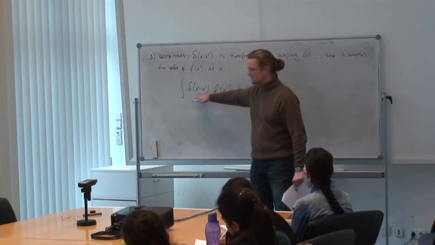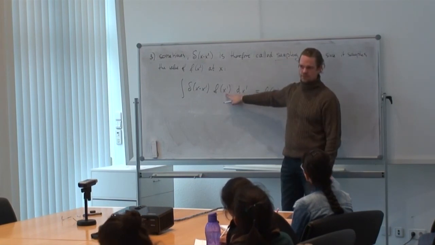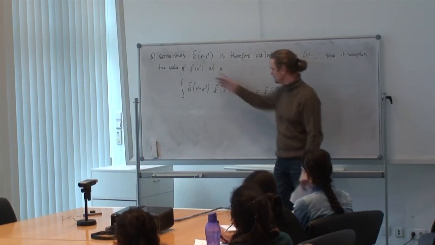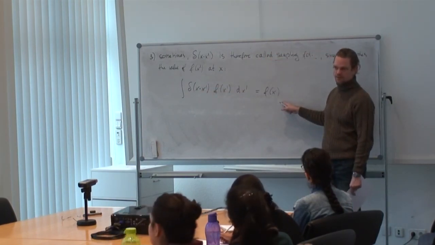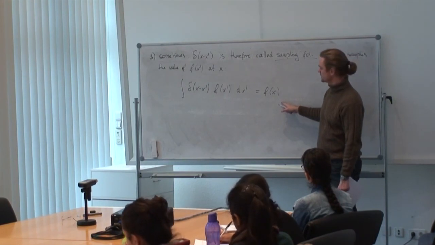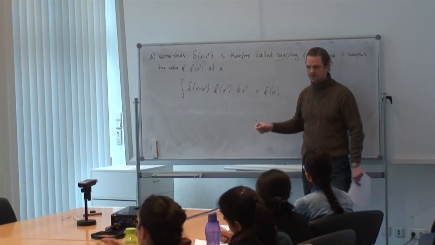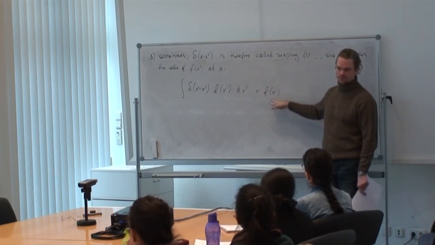Remember that this was the inner product between x and x prime. This is the inner product between the vector f and the basis vector x prime, and we wrote it like this, and on the right hand side we had that. And that is to say that this function delta, if we compute this integral, pulls out the value f of x of the function f.